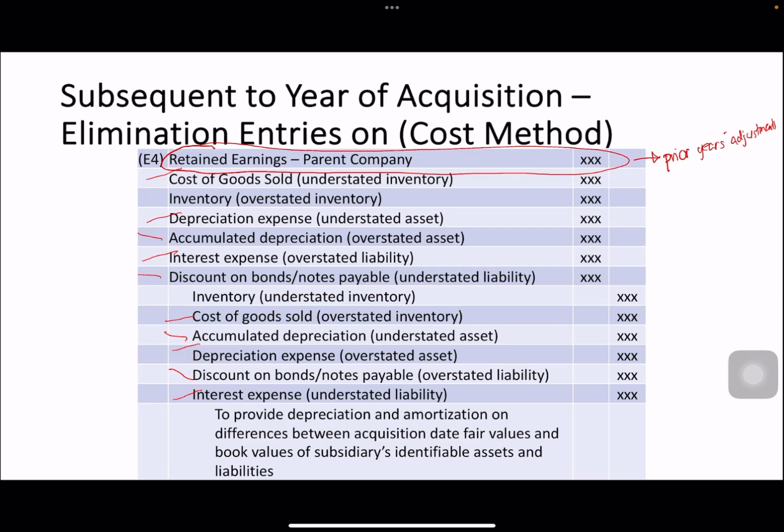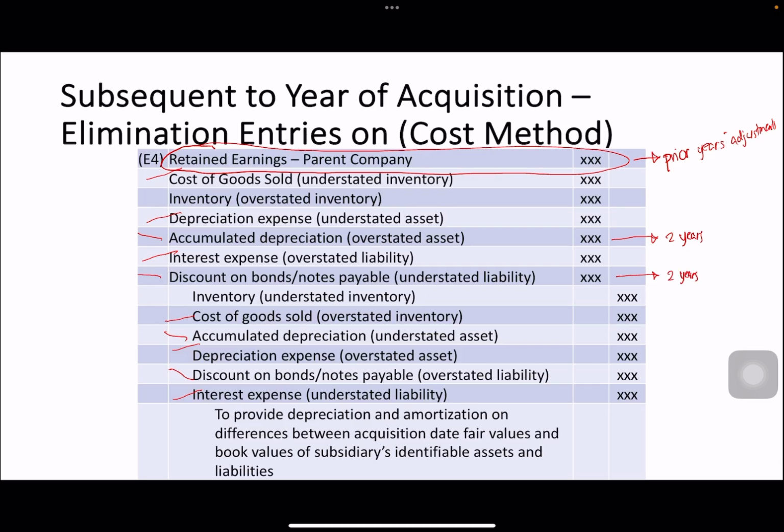For instance, accumulated depreciation, this being the second year, reflects 2 years' worth of adjustments. Similarly, discount on bonds or notes payable, this being the second year, also reflects 2 years of adjustments to the subsidiary's net income.